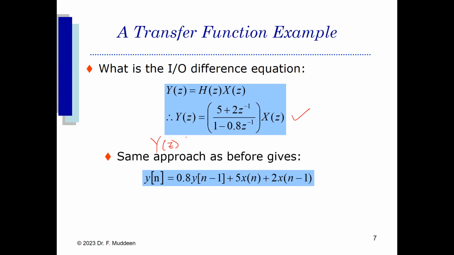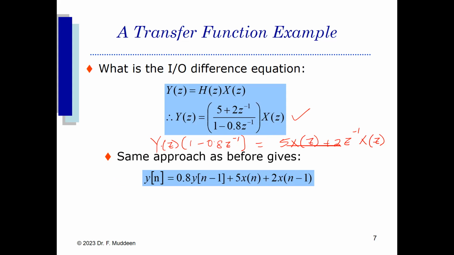So you will get Y(z) times (1 minus 0.8 z^-1) is equal to 5 X(z) plus 2 z^-1 X(z). You leave Y(z) alone on one side and you bring everybody else on the other, and then you read off the inverse transform.